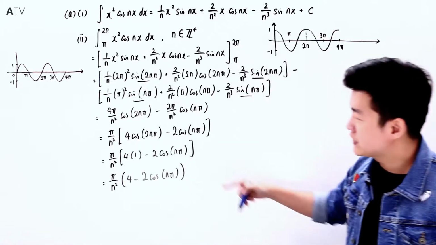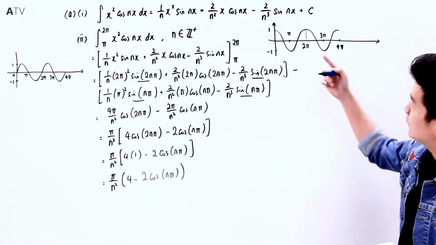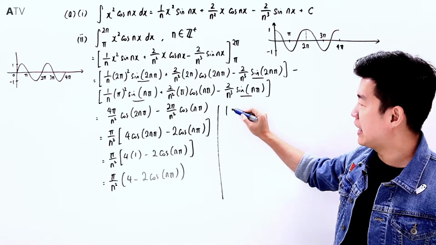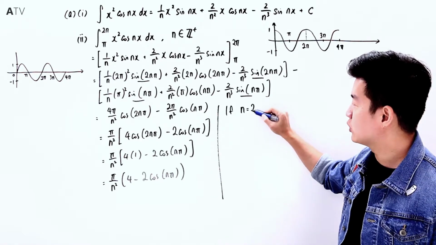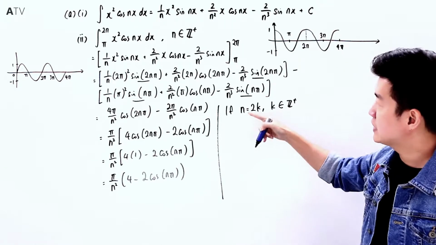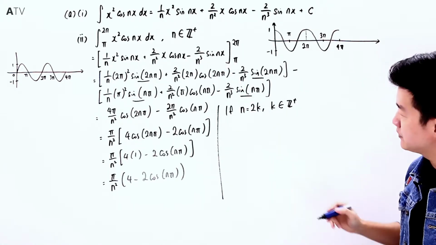And now we have to consider whether n is even or odd. If n is even, let n be equal to 2k, where k is a positive integer, since n must also be a positive integer.